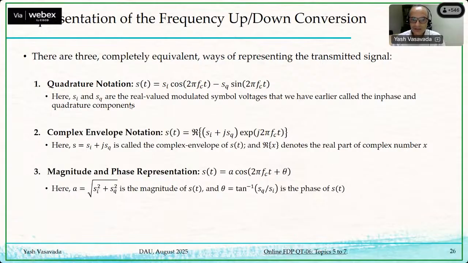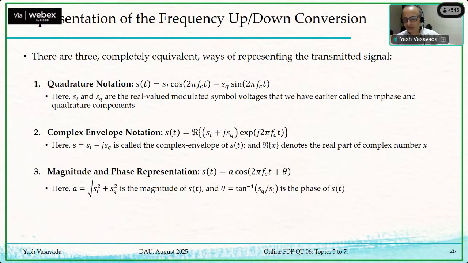Now, this equation 1 is completely and entirely identical to equation 2. If you do just a little bit of complex algebra, we'll see that if I expand out S_I plus j S_Q, which is a complex number, multiplied by exponent of j 2π f_c t.